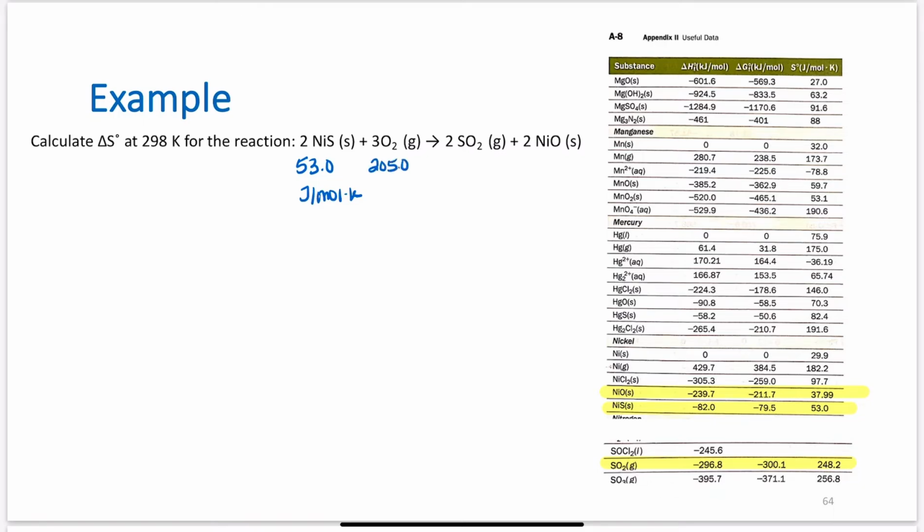That is 205.0 joules per mole K. Remember, for elements in their most stable form, so even including diatomics at that point, they're 0 for delta H and delta G, but they're not 0 for S. Not at 25 degrees C. For SO2, we've got 248.2 joules per mole K. And for NiO, we've got 37.99 joules per mole K. So this is what I call the products minus reactants reaction. But don't forget to factor in moles.